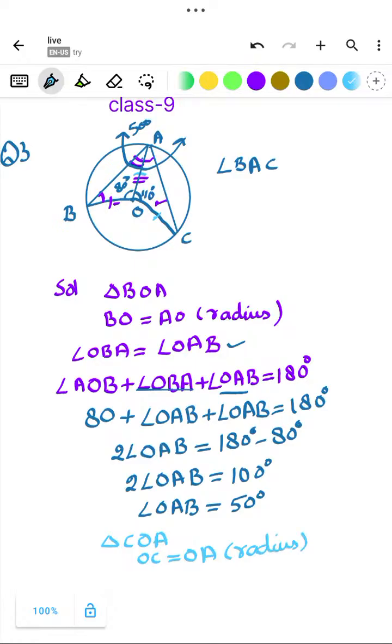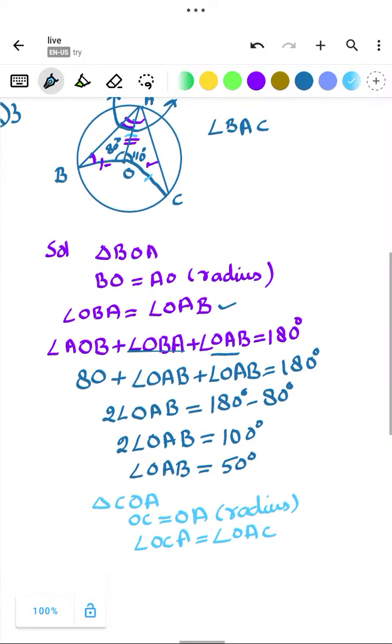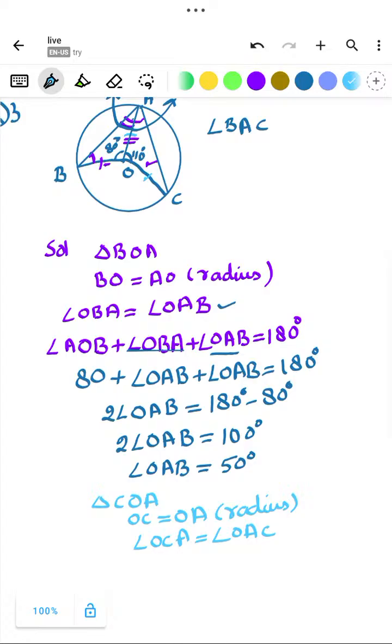Okay, that means angle OCA will be equal to angle OAC, because OC is equal to OA, and by angle sum property in triangle COA we can write angle COA plus angle OCA plus angle OAC is equal to 180 degree.